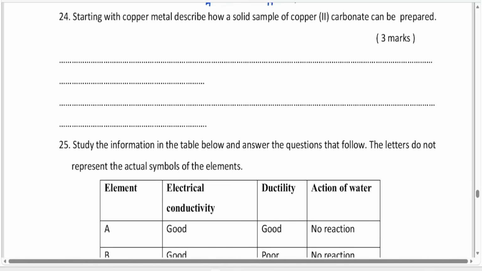That is method 1. Then for method 2, we can first burn copper to obtain copper(II) oxide. After obtaining copper(II) oxide, we react it with dilute warm sulfuric(VI) acid, where we obtain copper sulfate. And then this copper sulfate we can react with excess sodium carbonate to obtain copper(II) carbonate.